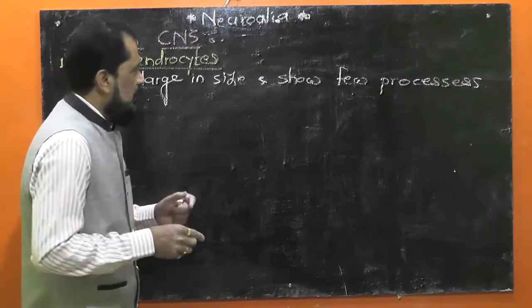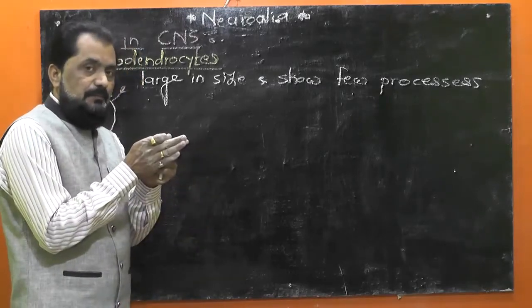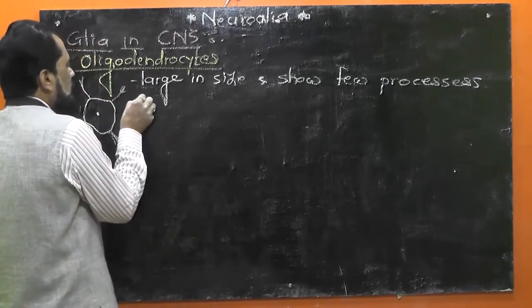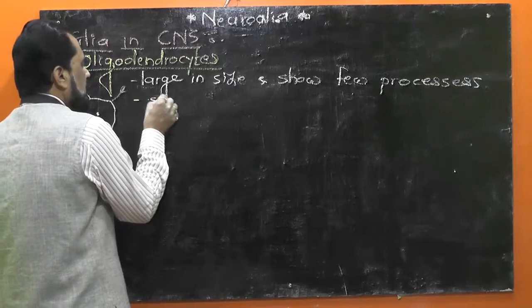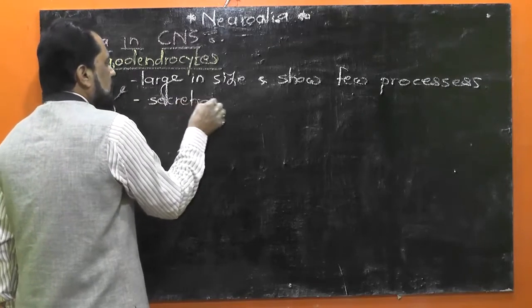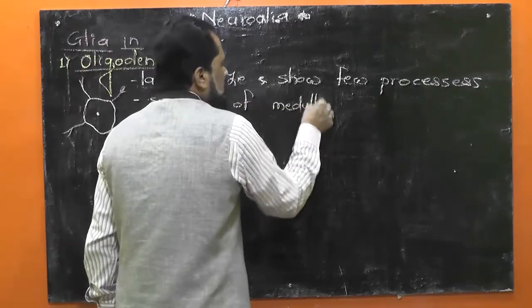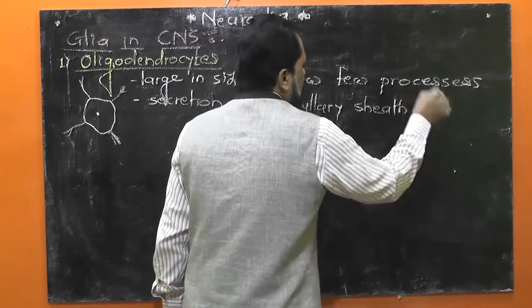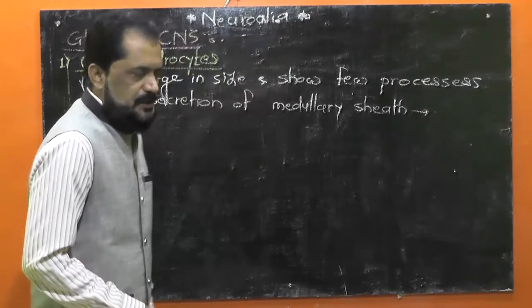Okay, so here in central nervous system, mind well, in brain and spinal cord, these oligodendrocytes are responsible for the secretion of medullary sheath around the axons of nerve fibers.